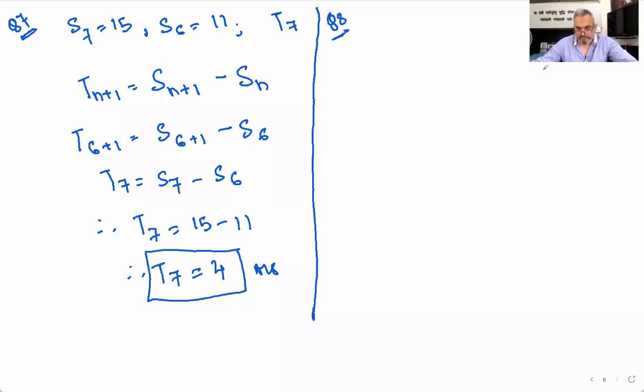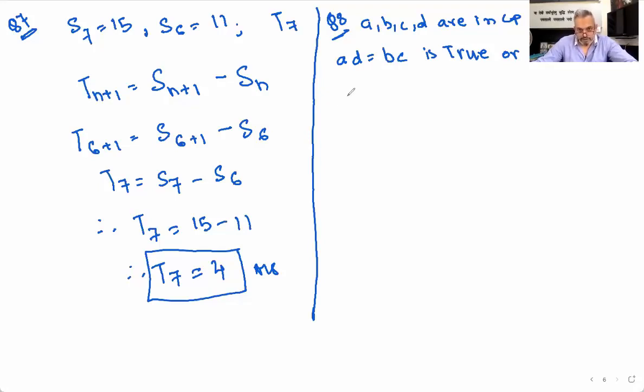Question number 8. Now we have to state whether the statement, if A, B, C, D are in GP, then AD is equal to BC, is true or false. So let's check out.